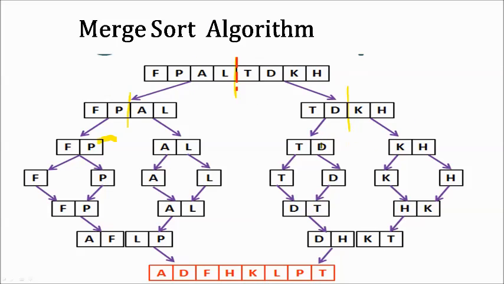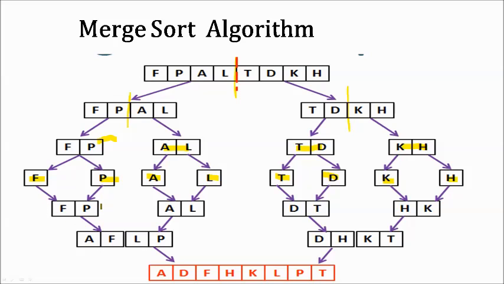In the TDKH, we arrived at TD and KH. We just split the given set. Now, split again. Split F and P: we have F, we have P. Split A and L: we have A, we have L. Now we split the TD: we have T, we have D. Split KH: we have K, we have H.